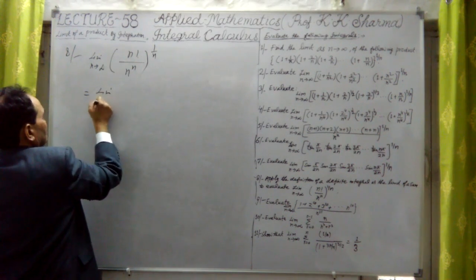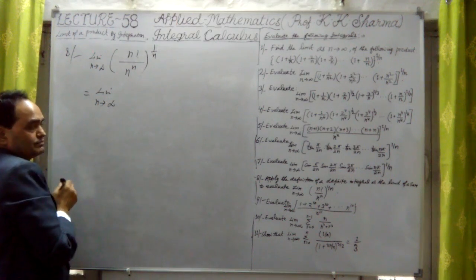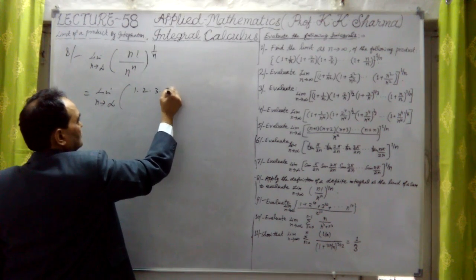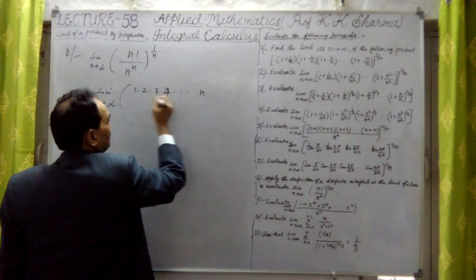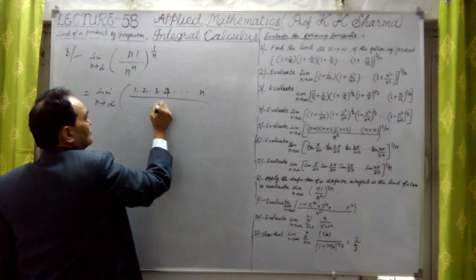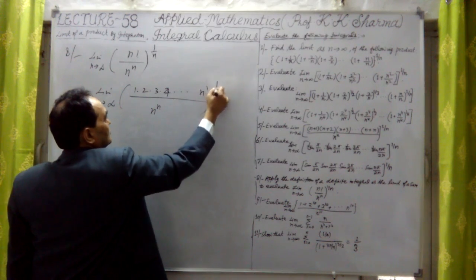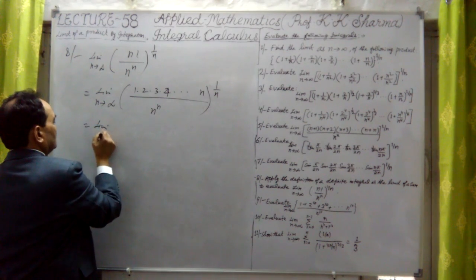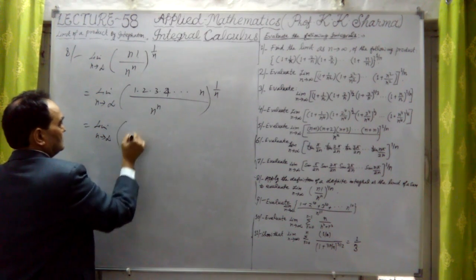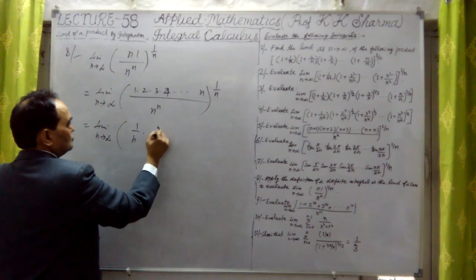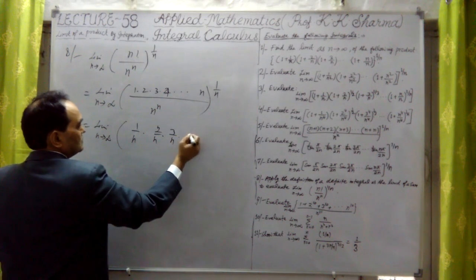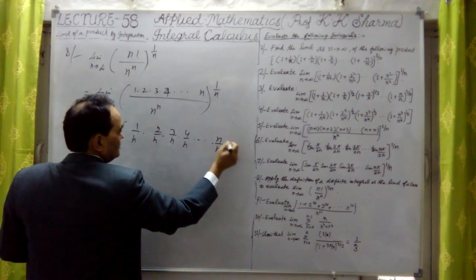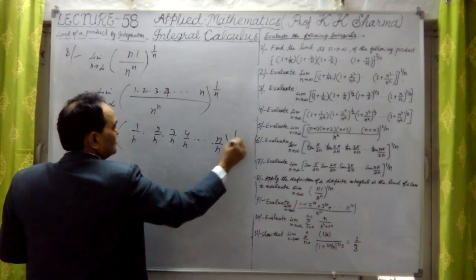It can be written as the limit as n tends to infinity of (1 into 2 into 3 into 4 and so on up to n, which is n factorial, divided by n raised to n) whole power 1 upon n, which is the limit of (1 upon n, 2 upon n, 3 upon n, 4 upon n, and so on up to n upon n) whole power 1 upon n.